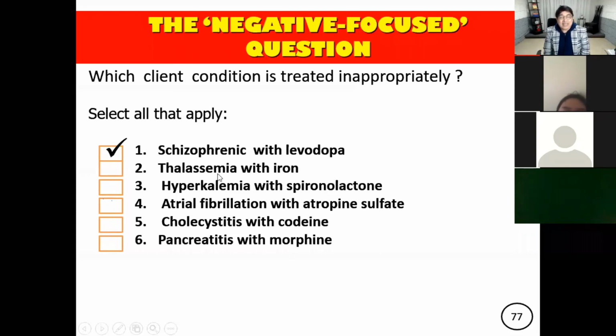Okay. Second, thalassemia. So thalassemia is a genetically transmitted blood disorder. Okay. You have your thalassemia intermediate, thalassemia major. You have your alpha thalassemia and your beta thalassemia. What's the main problem here in thalassemia?